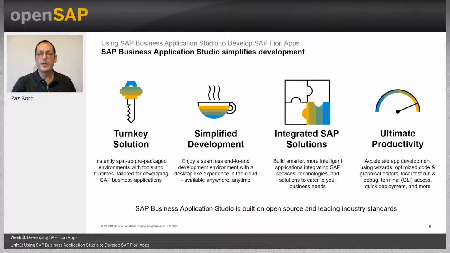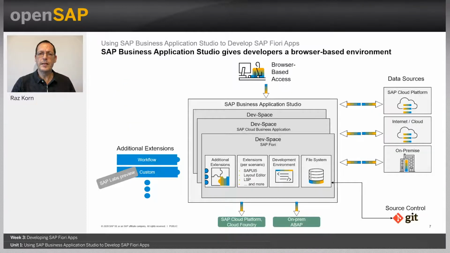Examples can be SAP API Business Hub or SAP solutions for data consumption or application deployment, SAP technologies such as SAP Fiori or SAP Cloud Application Programming Model, and commonly used technologies such as Node, Java, OData, and Git. And of course, SAP Business Application Studio has many high productivity tools, wizards, templates, optimized code and graphical editors, and more.